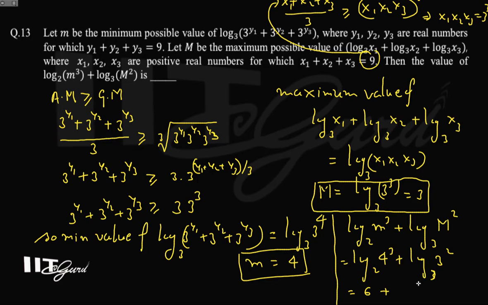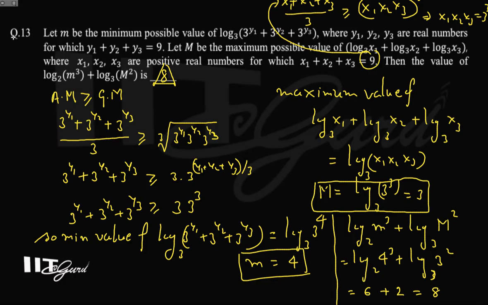And log of 3 to the power 2 to the base 3 gives 2. So finally the answer is 6 plus 2, that is 8, and 8 is your final answer.